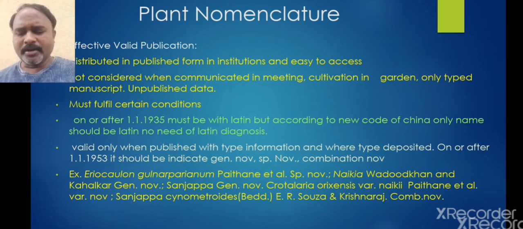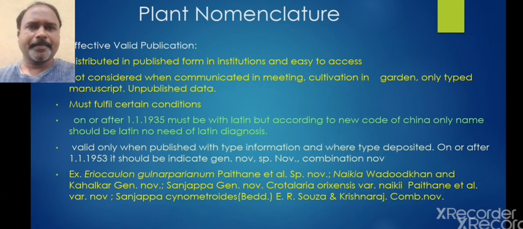Again, there is one point, that those taxa which have been published on or before 1 January 1953 are valid only if there is a clear indication of the rank of the taxon, whether it is a new genus, new species or new combination. So it must be there when you are writing a new publication.